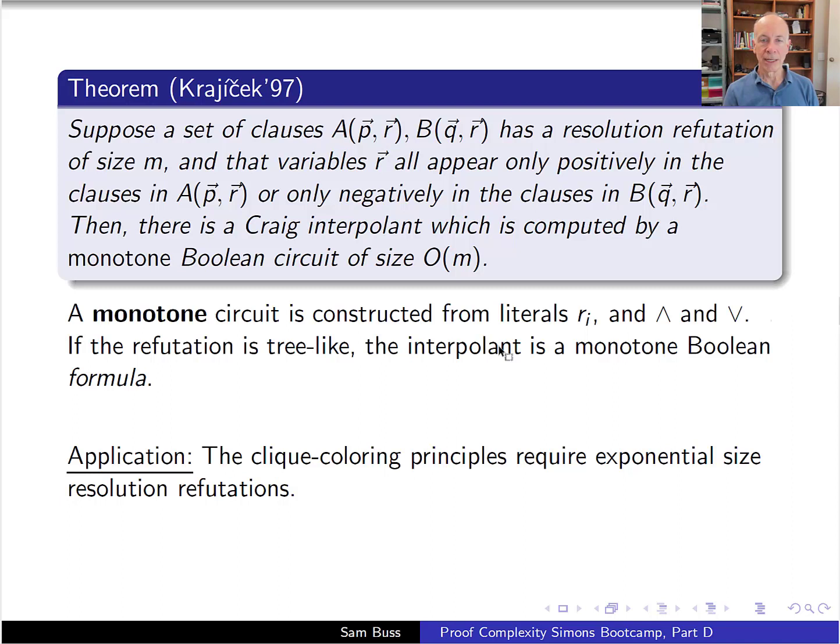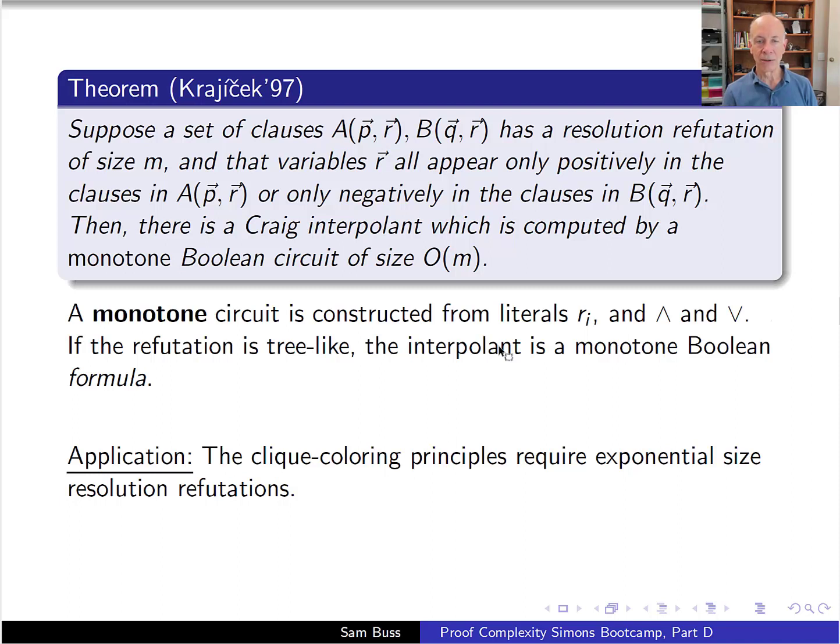So the theorem is that we assume that the set of clauses A of PR, B of QR has a resolution refutation of size M. And then we further assume that all the variables R either appear only positively in the clauses of A of PR or only negatively in the clauses B of QR.